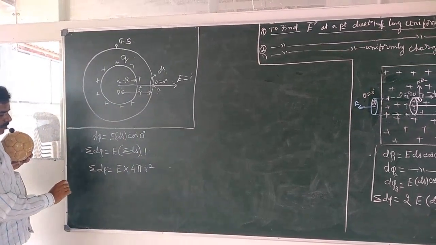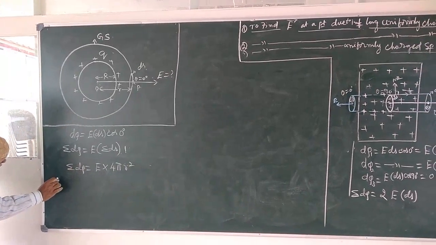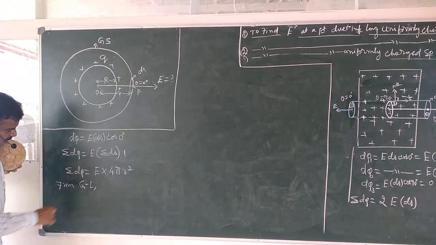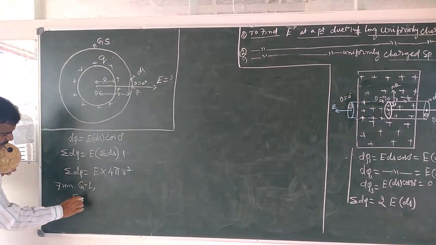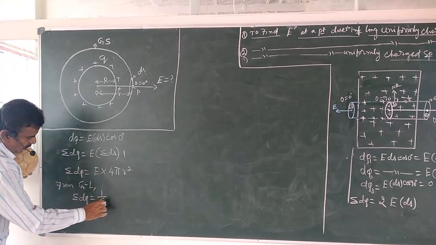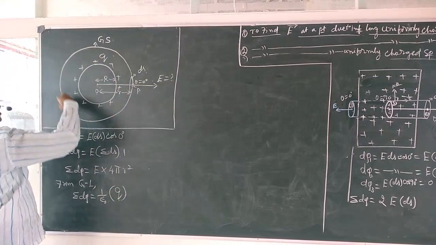So now, this is the total electric flux that we have calculated. Now we shall use Gauss law. What does Gauss law state? The total electric flux is given by 1 by epsilon times the charge enclosed by this surface.